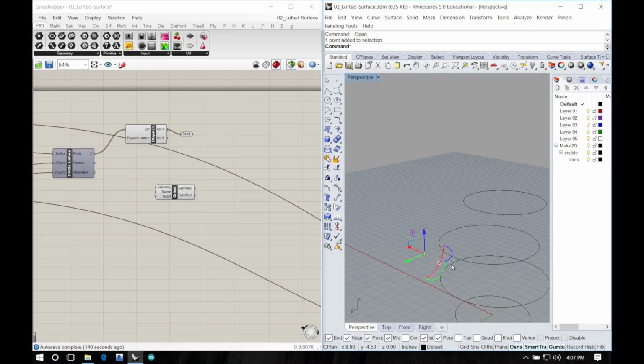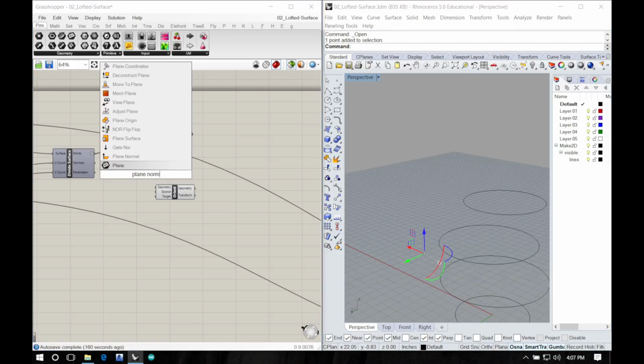Still thinking about these points, these axes by themselves are good, but they're just not enough. Like I said, we're going to need to generate something that can hold rotation information at the same time.